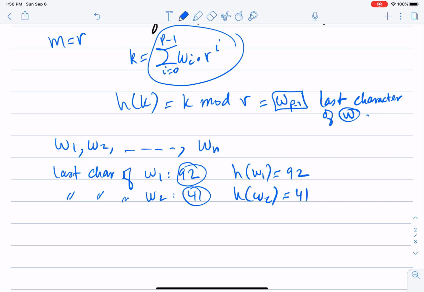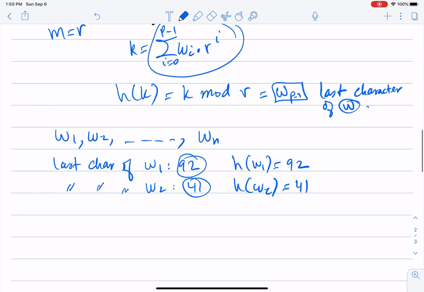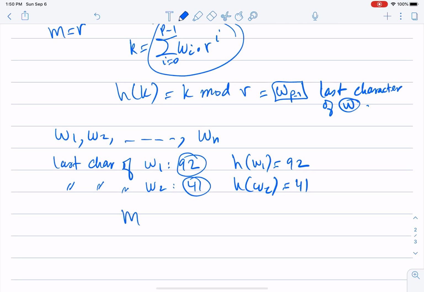However, this is very hard to see in practice. If you look at a computer program and think about the keywords, not all ASCII characters appear in keywords. In fact, keywords usually don't have digits or symbols like plus. So this is a bad function. This is a bad choice of m. So m equal r is bad.